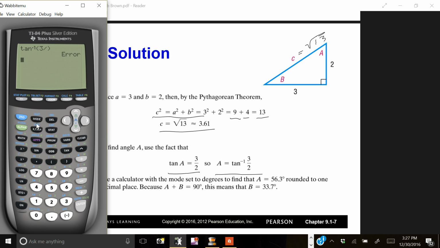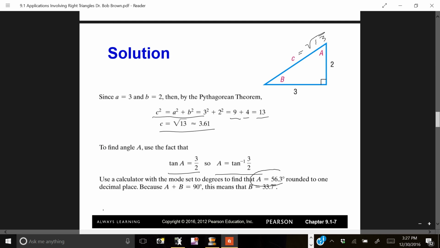You've got to put inverse tangent of 3/2 in. Evidently it didn't take the 2. So inverse tangent of 3 halves should give us that the angle is 56.309 degrees, or rounded off to 56.3 degrees.